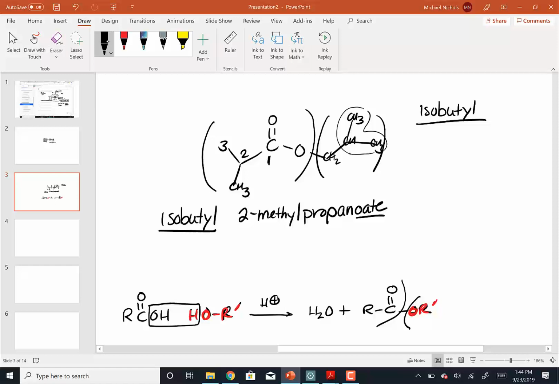And now I'm going to find the longest chain, which in this case was 3 carbons. So that's where the propan comes from, the longest chain, and then the 2-methyl is the group that's attached. So the propan comes from the fact that it's a 3-carbon chain with nothing but carbon-carbon single bonds.